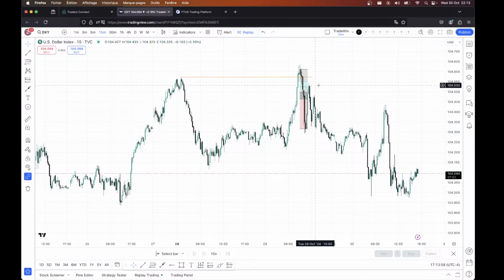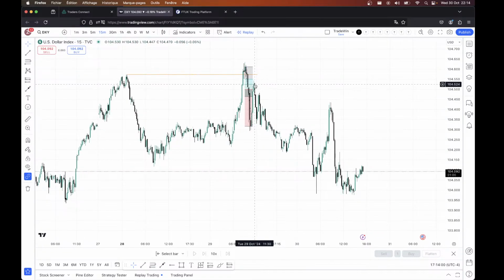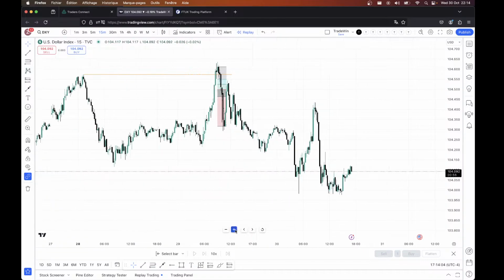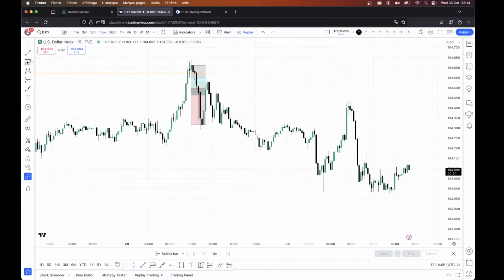Okay, let's continue. So here, this is cleared immediately. You see that? So now if I want to continue this, here I have my downtrend, which is confirmed. Okay, I get rejected here. I still believe I will go downtrend. Even if I didn't close the trade yet, I take the high, I take the next low.